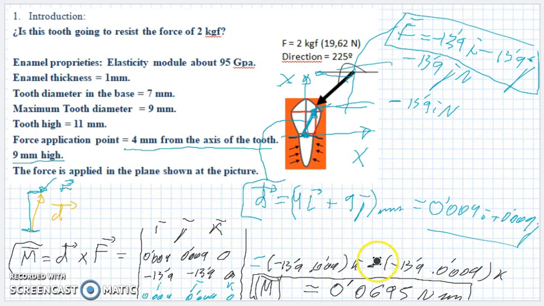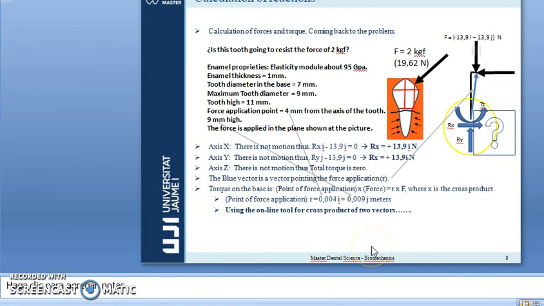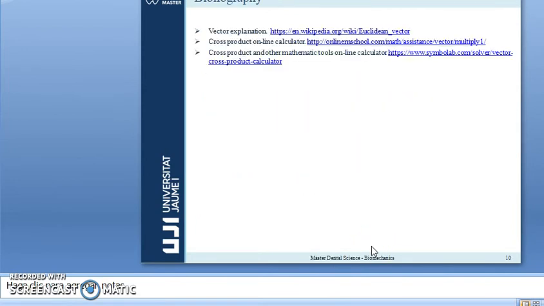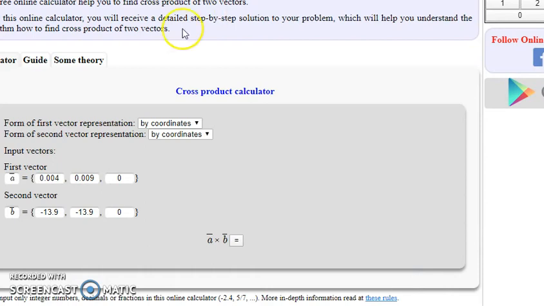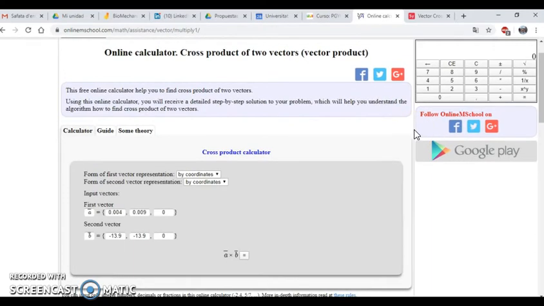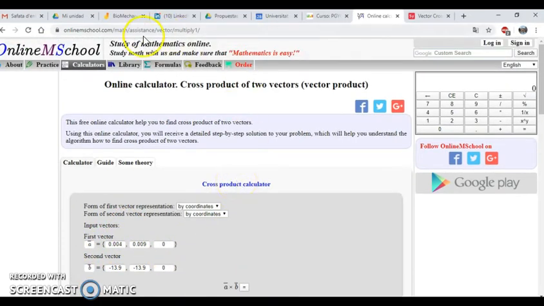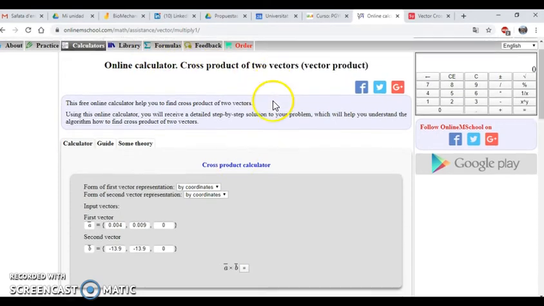But we can use as well the tools that I explained. So if we check in the slides, here we have the slides, and here you are some tools. If we use those tools, for instance, that one, here you are that if you put the numbers here, this is the online calculation for cross product of two vectors.